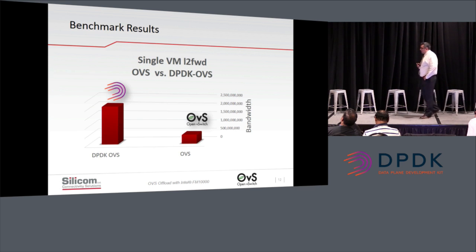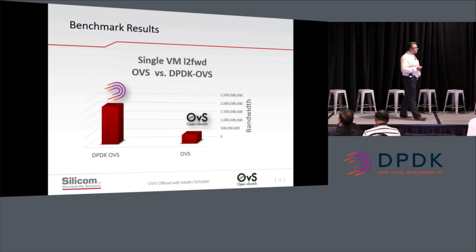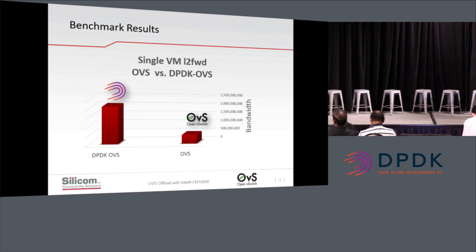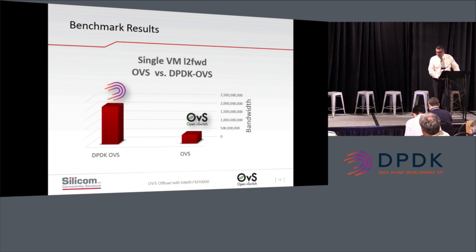First of all, the most simple comparison was done between standard OVS and DPDK OVS. I will not go into numbers, but we could easily see that DPDK OVS wins over standard OVS by at least 4x easily. And this is with a single VM performing L2 forward.